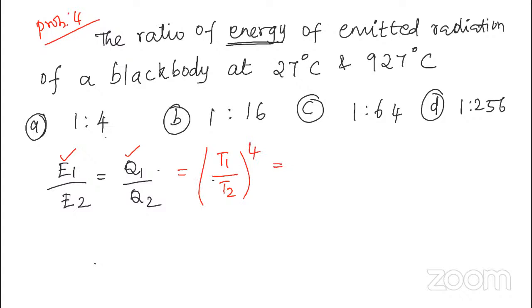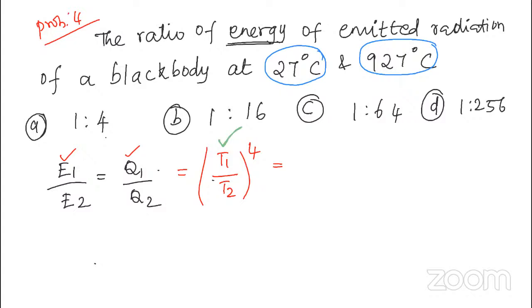In that problem they have given Celsius values. You convert them into Kelvin values and then substitute in this expression. Then we can calculate the ratio.